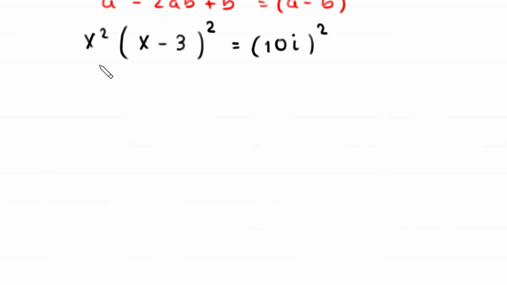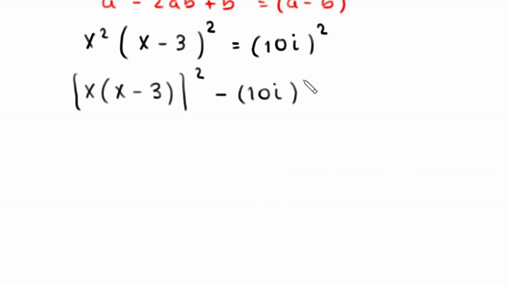Now we can rewrite this left hand side as x times x minus 3 whole squared. Move this 10i whole squared to the left hand side. This will become negative 10i whole squared equal to 0.